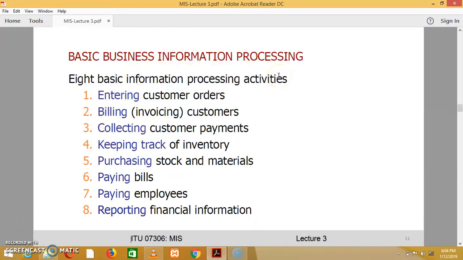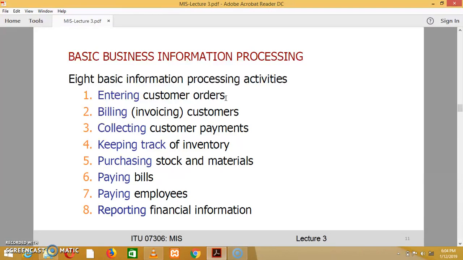So let's see these business information processes. The first is interlinked customer order. This means we receive customers' orders so that we can start processing. Within all these information processes, we should know that there are inputs and outputs. In every level here we'll have input and output. In the customer order, we have to get the order from the customer.